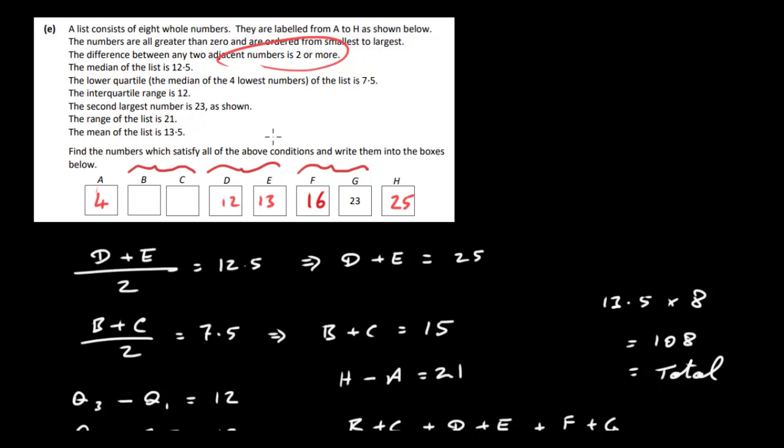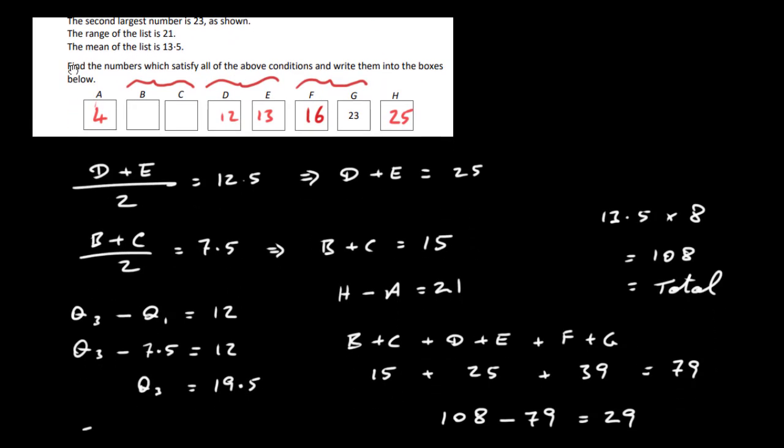Adjacent numbers, in other words, are 2 or more apart. So 12 and 13 is not going to work. So let's look at 11 and 14. Now they are 2 apart. 14 is 2 apart from 16. So they'll work. If we pick the next two down, let's say 10 and 15, well 15 is going to be too close to 16, so that won't work. So the only option really is 11 and 14.